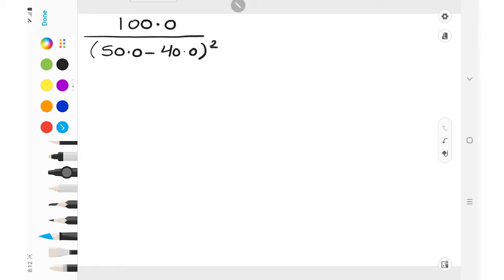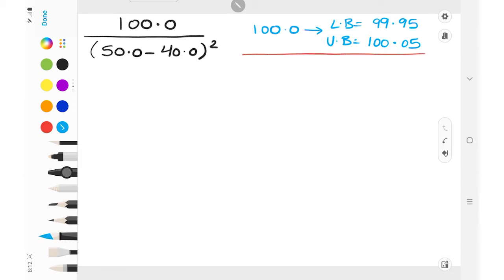Now I will tell you how we will do this. First, I need to find the lower and upper for each value. 100: my lower bound is 99.95. My upper is 100.05. For my 50, my lower bound is 49.95.